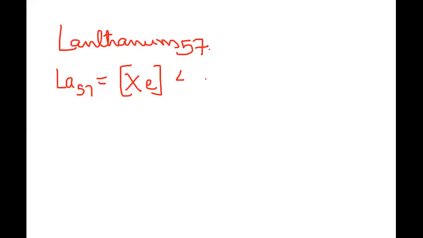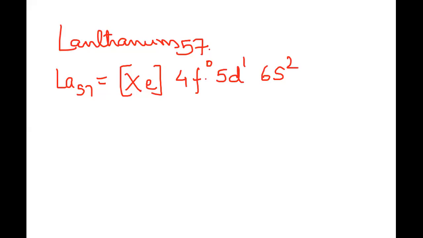So this is 4f0, 5d1, and it's going to be 6s2. If you look at the Aufbau table, you see the 4f occurs first, then it is 5d, then it is 6s2, again due to the overlapping of the orbitals.